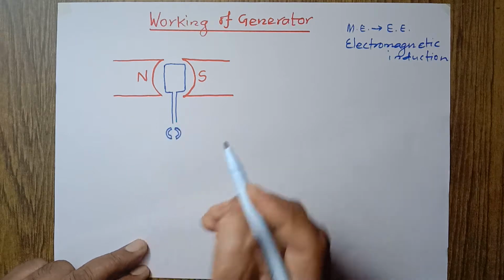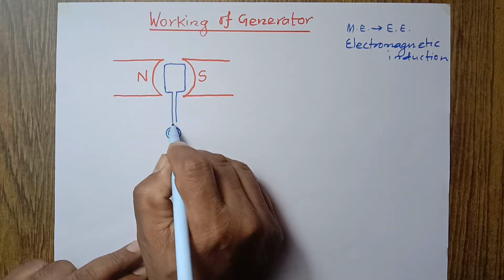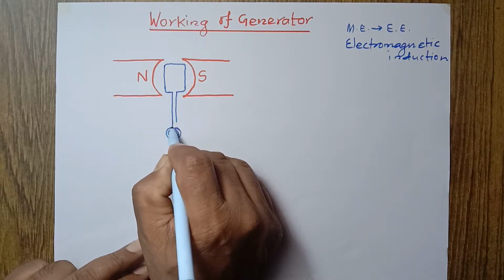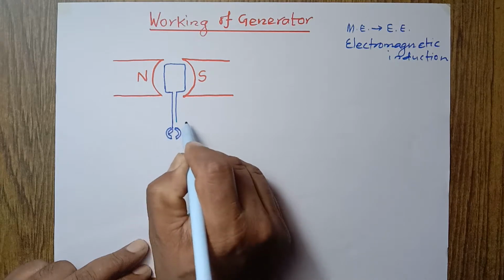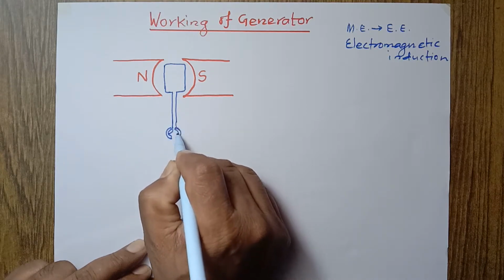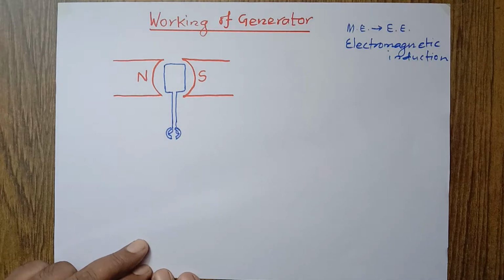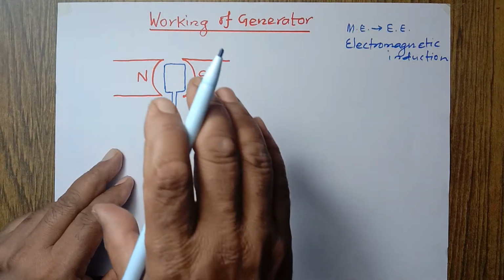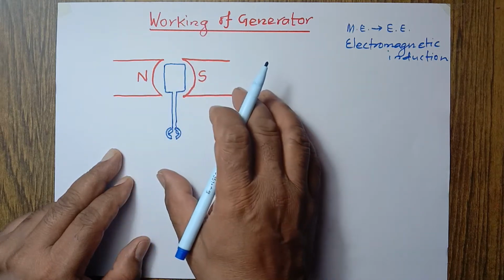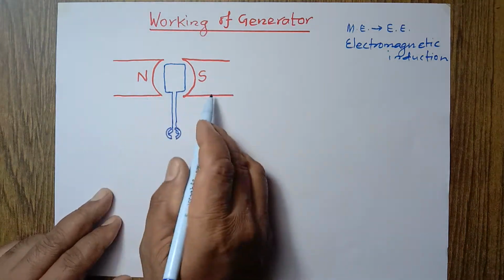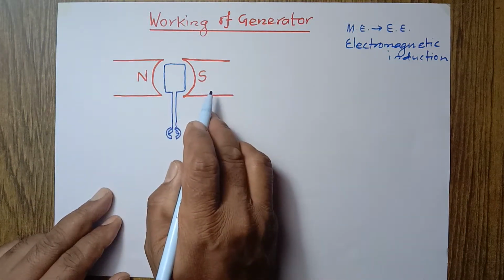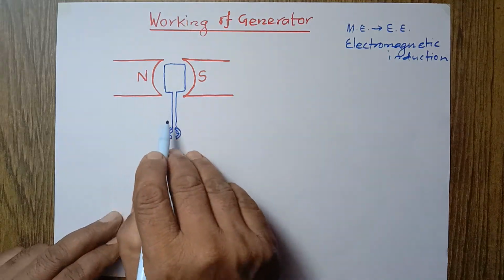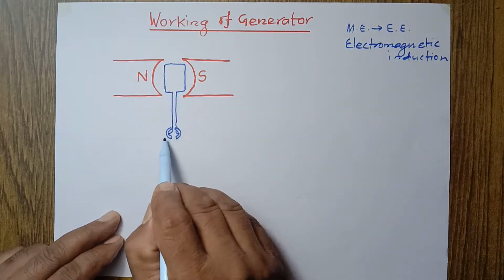This terminal is coming and connected to this, and this is coming and connected to this one. So this coil has an iron core and is placed between the north and south poles, and the terminals of the coil are connected to this split ring.